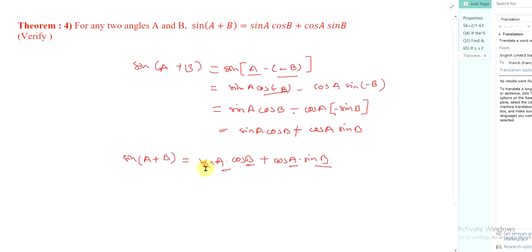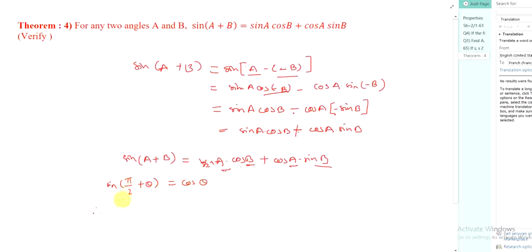And by using these results, you can prove the next result. If you remember, we have seen cos(π/2 + θ) is equal to cos θ. So how can we prove it?